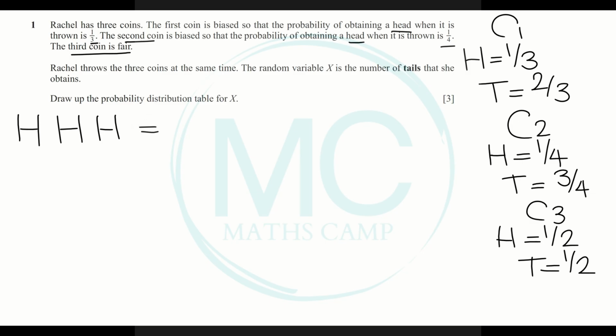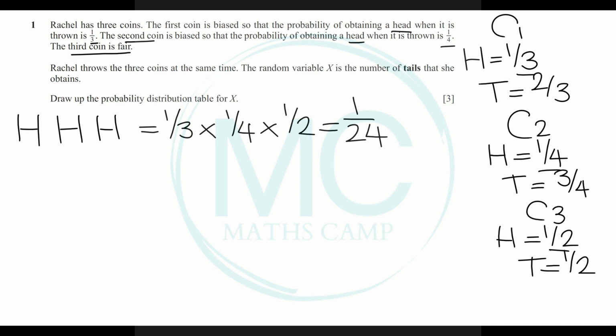Probability of a head from coin 1, 1/3, and probability of heads from coin 2, 1/4, and probability of heads from coin 3, 1/2. Multiply these, and we get 1/24. This is the probability of no tails.